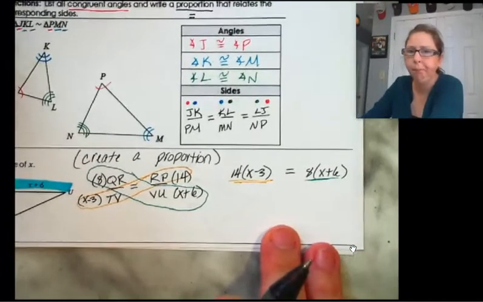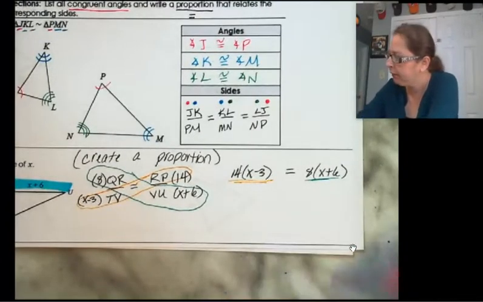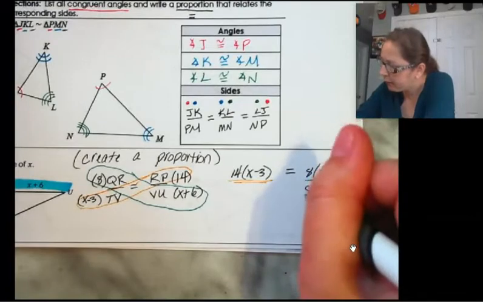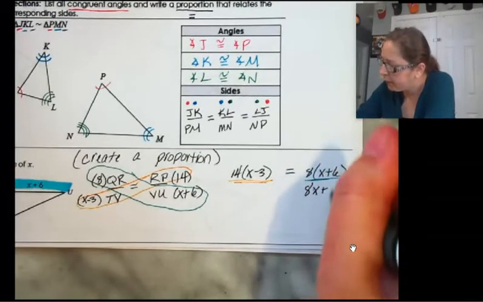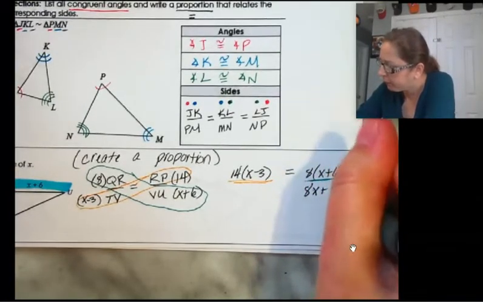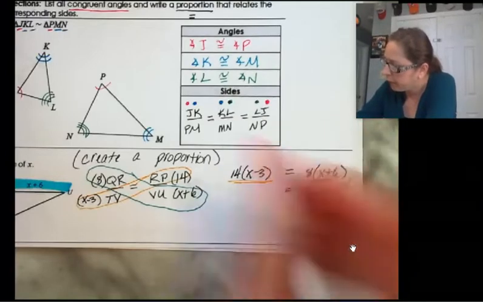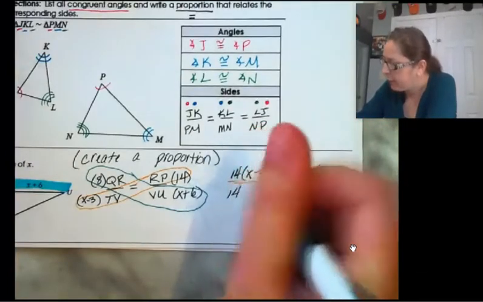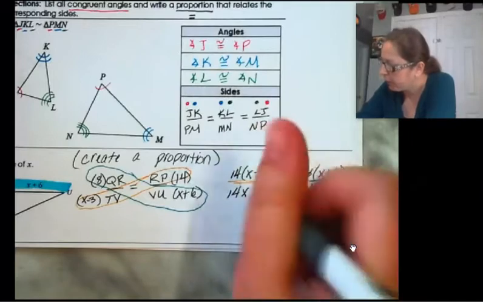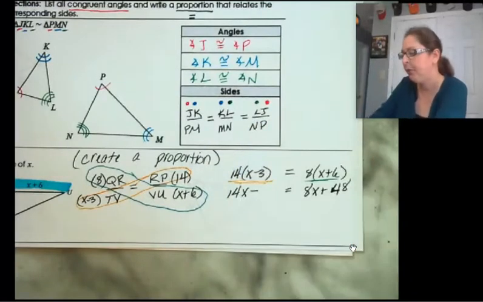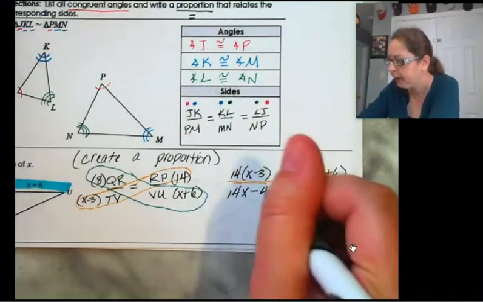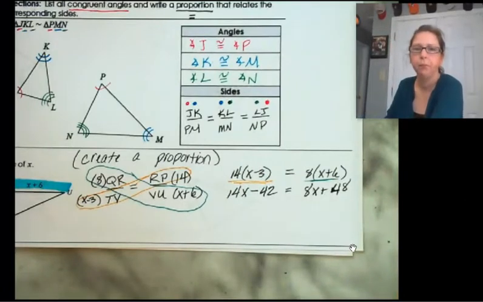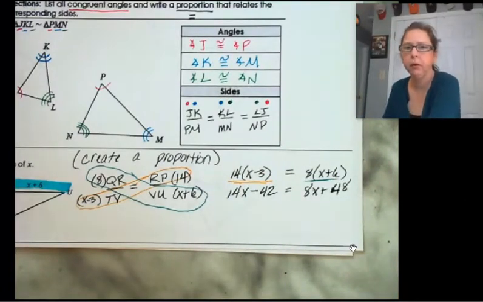All right, now let's go ahead and solve. 8 times X, 8 times 6, 14 times X, 14 times negative 3, that is negative 42.